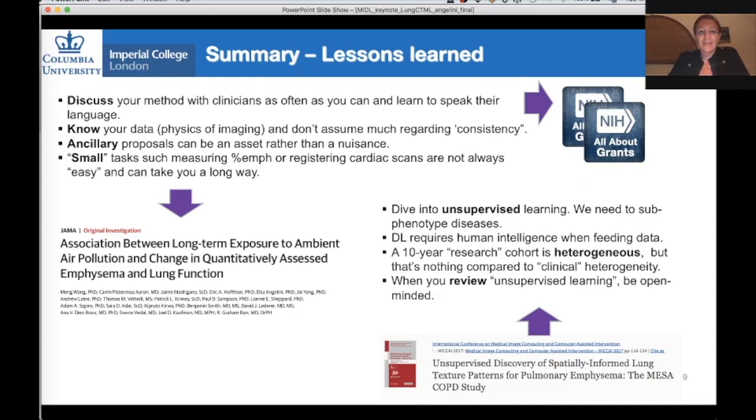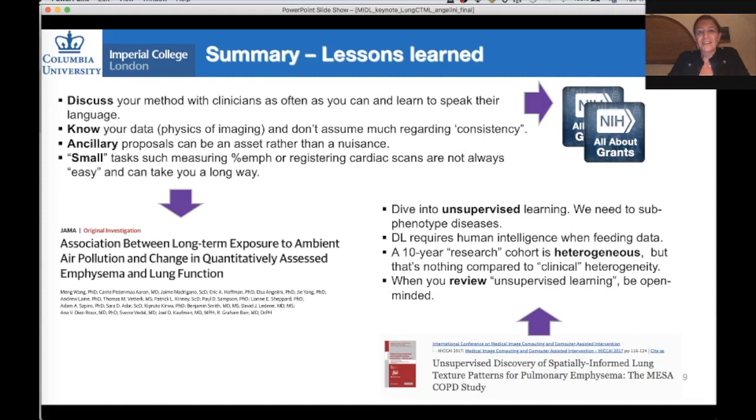Ancillary studies and proposals can be an asset rather than a nuisance. I actually find it now very interesting and useful to agree very much ahead of time and on paper on what we want to do, using what data, what kind of method, and what kind of evaluation to use.